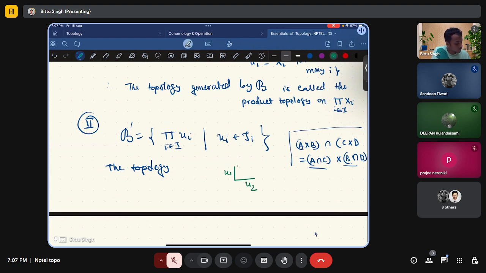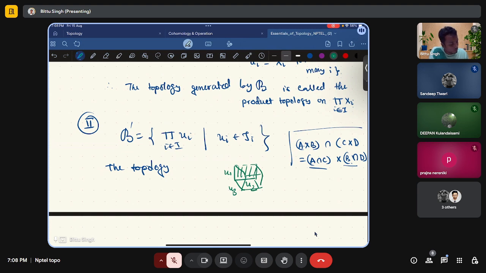Then the product, geometrically, will look like a box. Similarly, if we take another U3 component, then it will be some kind of box like this. It is like R cross R cross R, it becomes R3. R cross R becomes the plane R2. So the basis takes this kind of form. That's why this is called box topology.